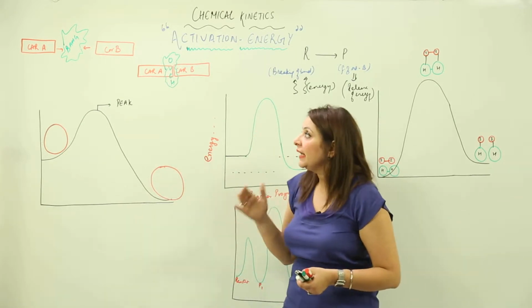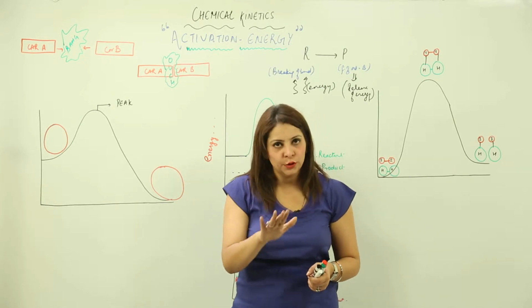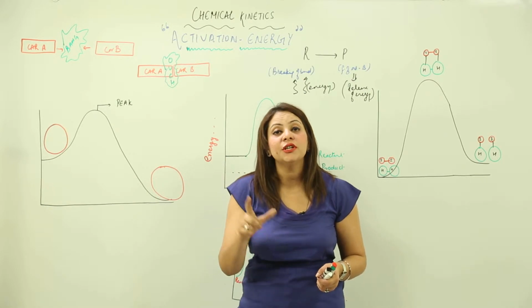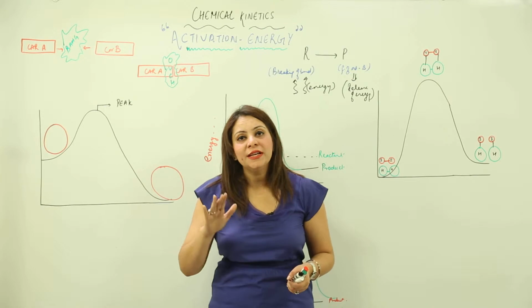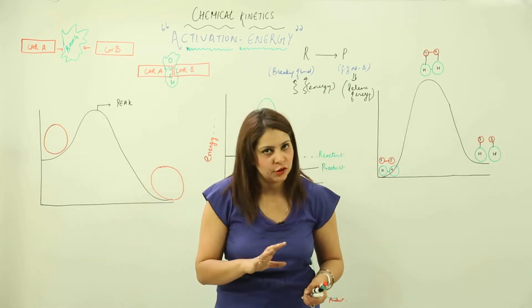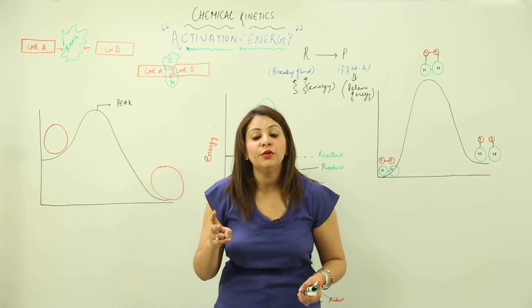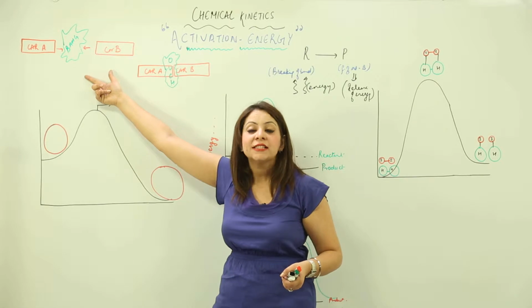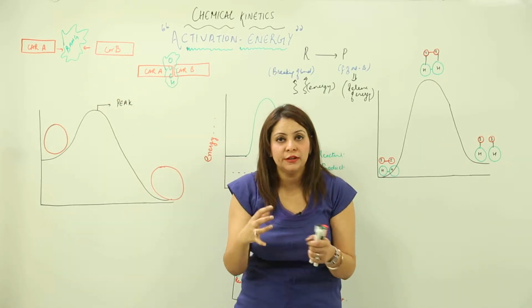Right. So that means we can have two kinds of collision. This is clear that we need collision. You know that now, that if we need a chemical reaction to happen, collision is a must, right? There is no second thought. Collision is a must, because we need to break the bonds, right? The second thing is that not every collision leads to the breaking of bonds. As I told you, in this case, two cars were traveling with a greater speed, so they lead to more breakage.